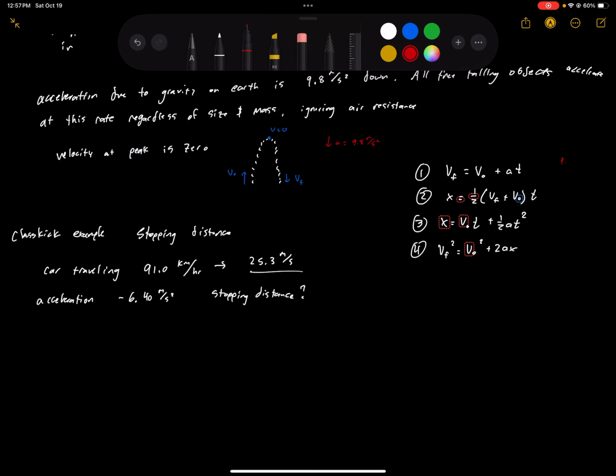Here I'm going to call this one the final velocity equation. This one I'm going to call the average velocity relation. This one is going to be called the equation of motion.